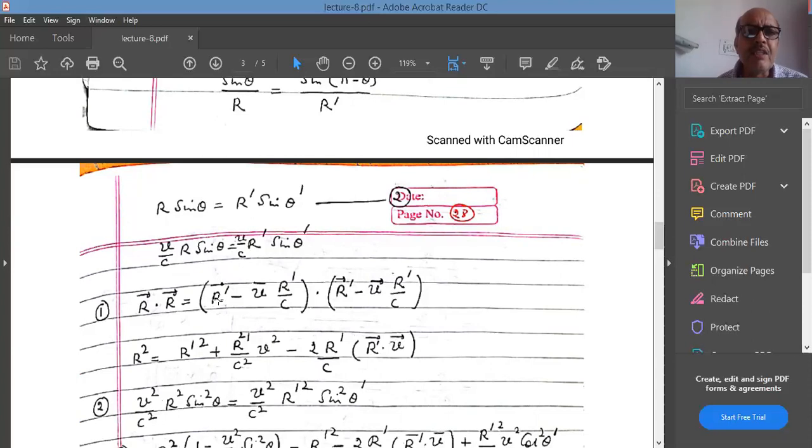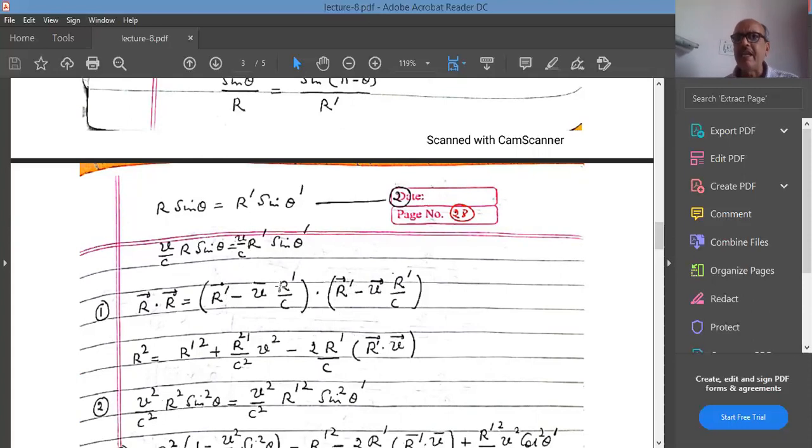So if you write down r' dot v here, then r'/c will come. Similarly, if you take the dot product of the second term of the first bracket with the first term of the second bracket, we will have v dot r', and then r'/c will be as it is.